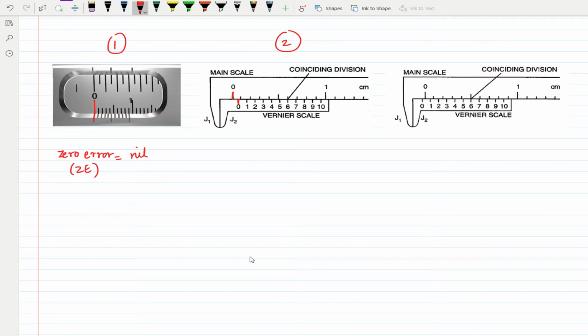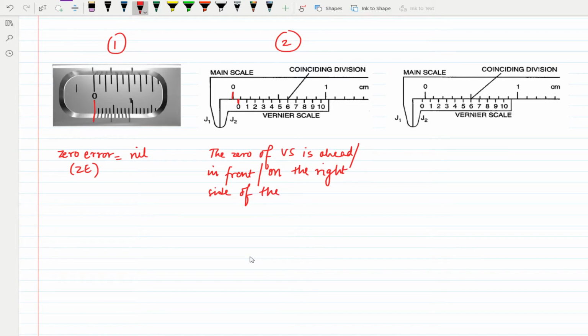So in this case, what is observed is that the zero of the vernier scale is ahead, or you can say is in front, or is on the right side, you can use any of the terms, of the zero of the main scale.